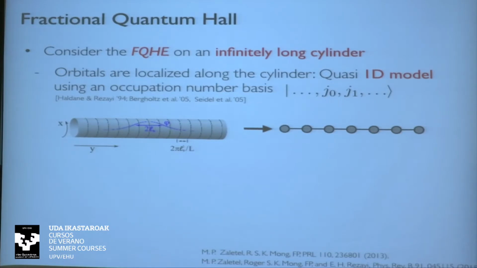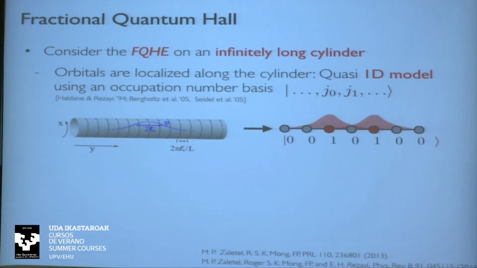The basic idea is that we take the system on a cylinder and choose the Landau gauge. In the Landau gauge, the single-particle orbitals are localized in the y direction and extended along the x direction. This gives us an effective one-dimensional representation of the system.